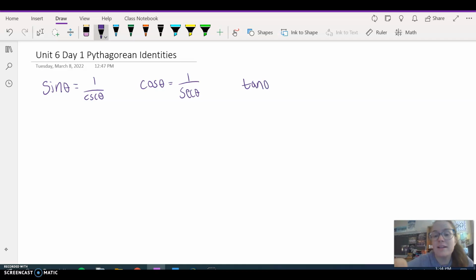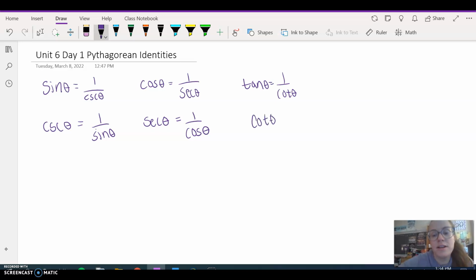Tangent theta equals 1 over cotangent theta. And then we have, of course, that cosecant theta is the same thing as 1 over sine. Secant theta is 1 over cosine. And then cotangent is 1 over tangent.